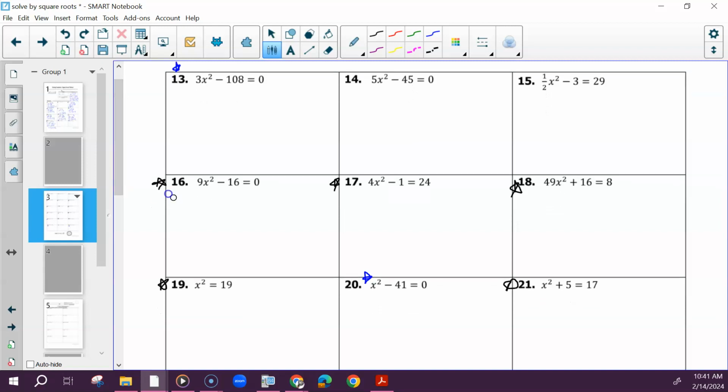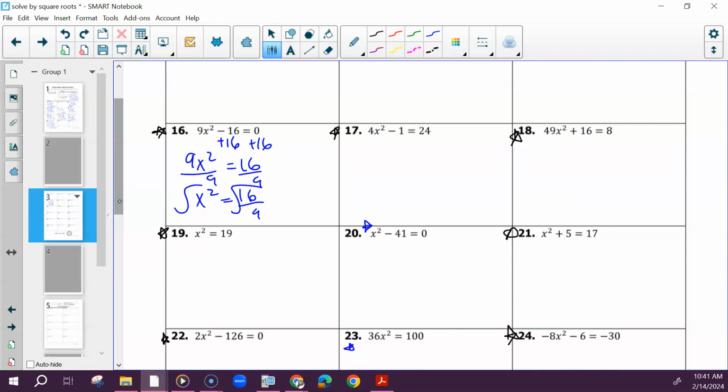So if we were doing 16, we would add 16 to both sides. Divide both sides by 9. This can't be simplified, but when we take the square root of both sides, what we're going to do is take the square root of each piece individually.